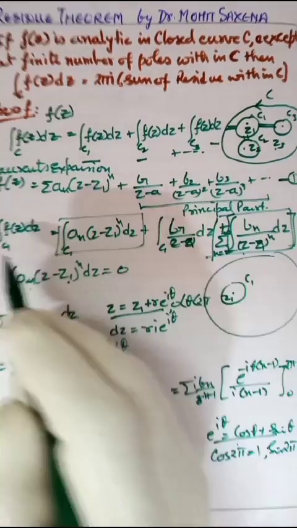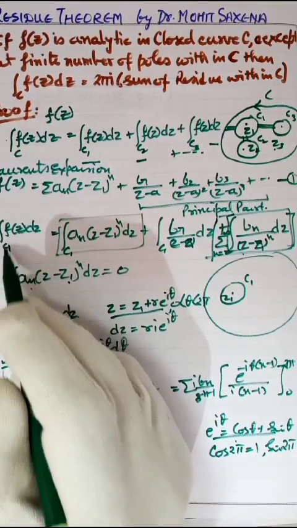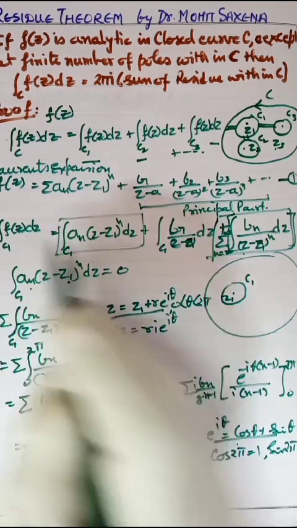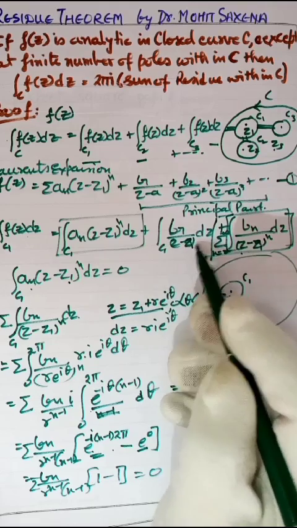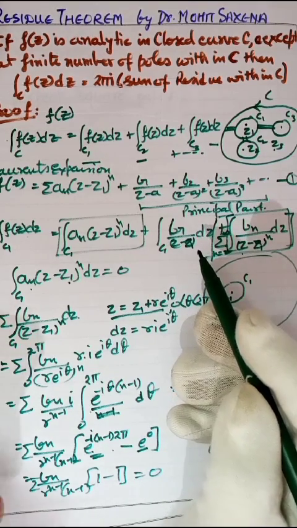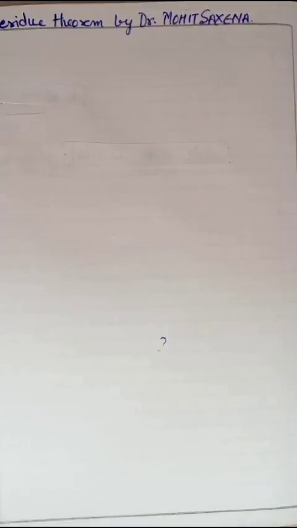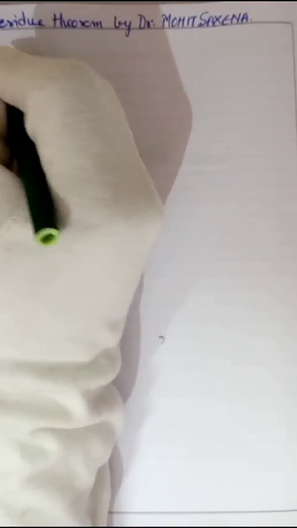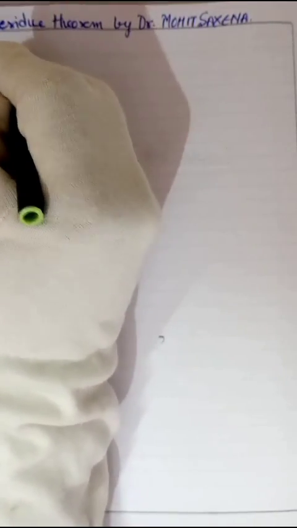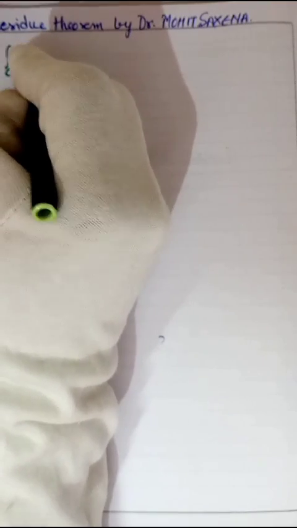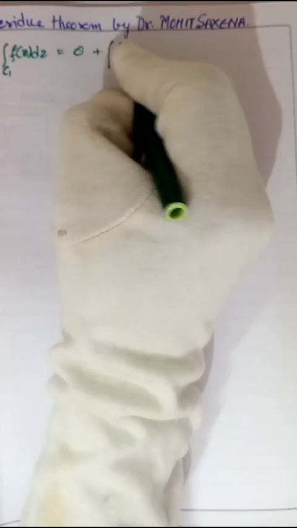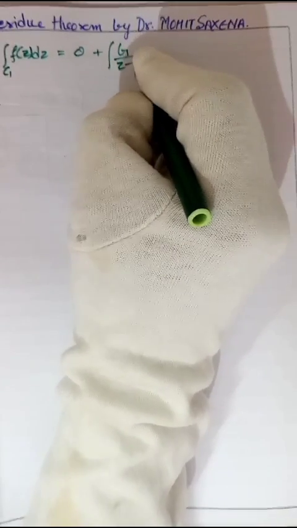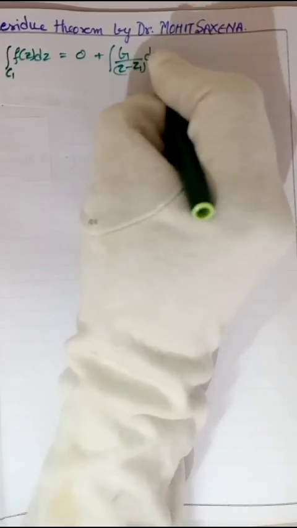So the leftover term is the integral over C1 of f(z) dz equal to the integral of b1 upon (z minus z1) dz. So by this we can write the integral over C1 of f(z) dz is equal to 0 plus the integral of b1 upon (z minus z1) dz.